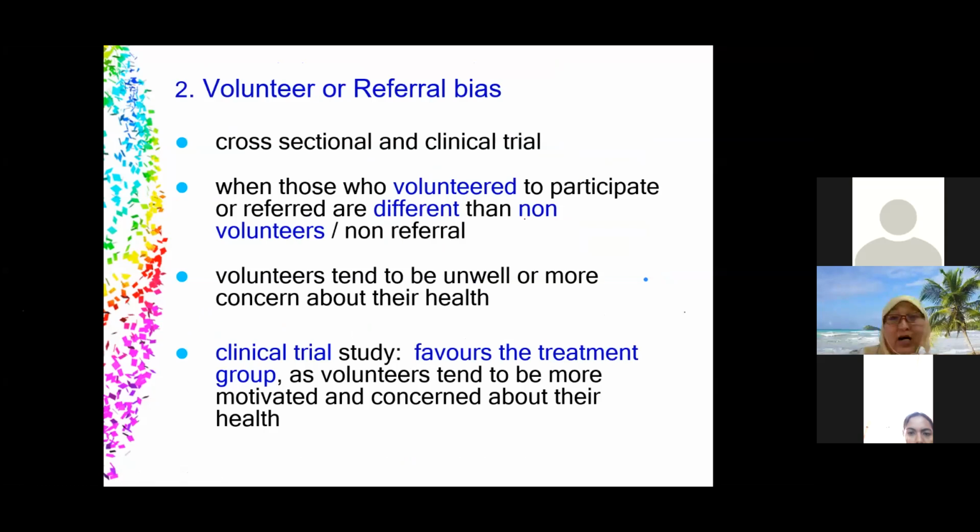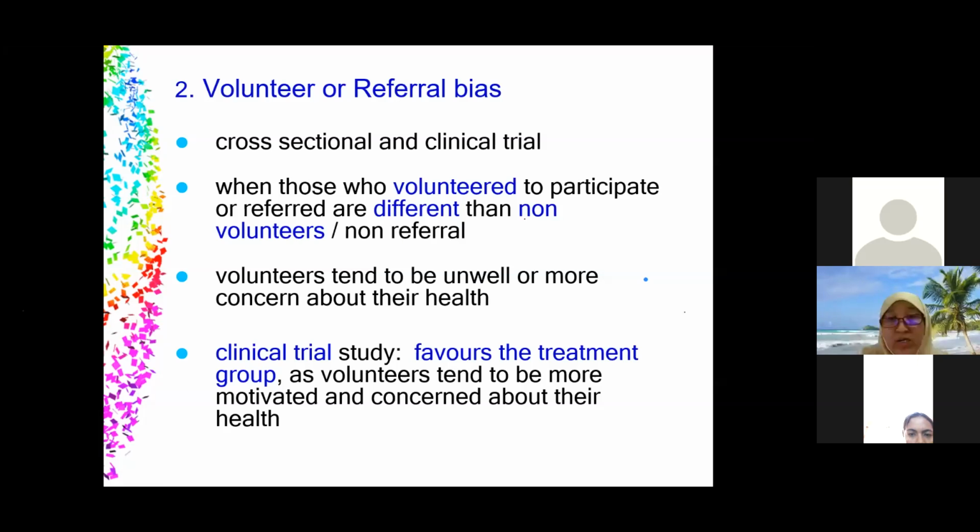In selection bias, you could also have volunteer or referral bias. This is when you appraise a cross-sectional and clinical trial. More likely to happen in a cross-sectional study and clinical trial when the sample who volunteered to participate in the study are different from non-volunteers.